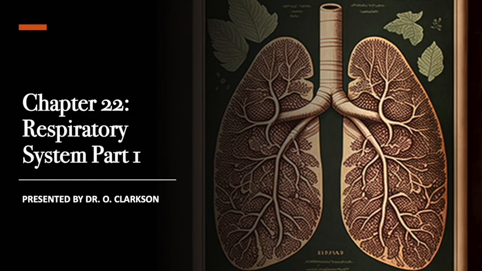Now, if you don't have surfactant, then basically what happens is that your lungs are going to collapse. Another thing that we're going to talk about when we get into pulmonary function tests, you're always going to have a little bit of residual volume within your lungs. When you breathe out and you exhale completely, there's always going to be a little bit of air left within your lungs. That air is going to serve an important role in helping to keep your lungs inflated.